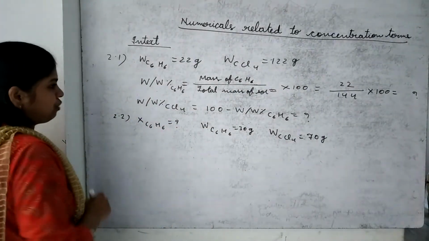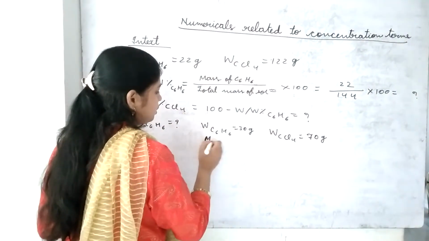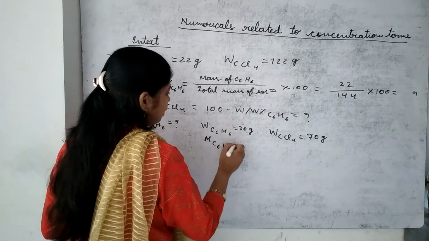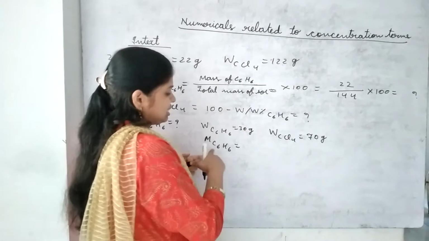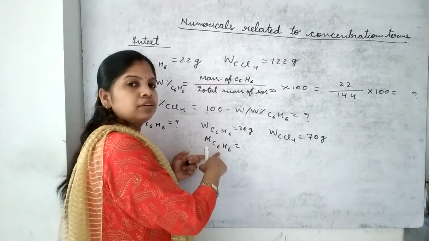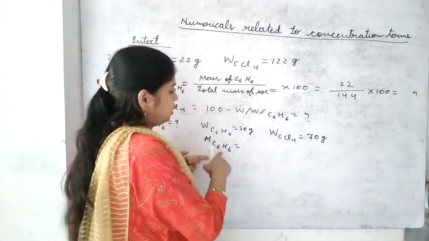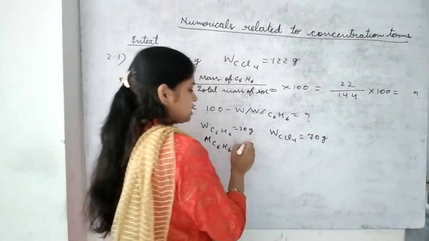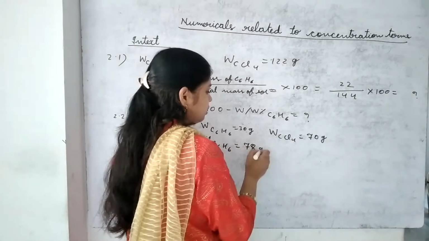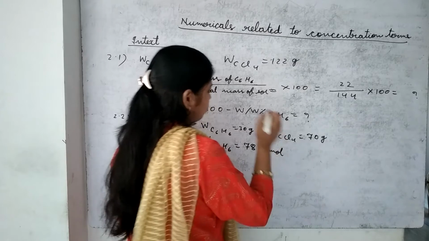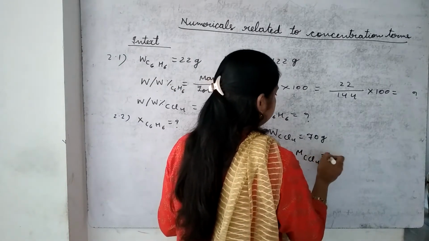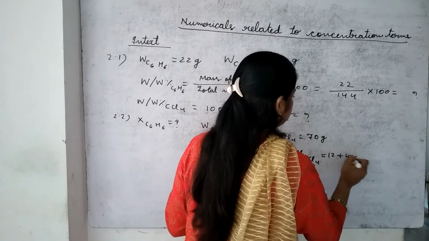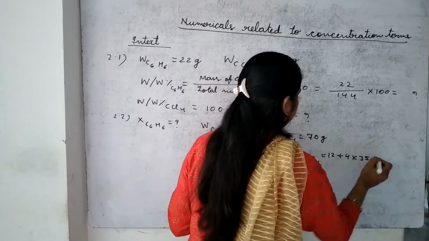So first, the mole fraction of benzene. For this we require the molar mass of benzene. Molar mass of benzene is 12 into 6, 72, plus 6, 78 gram per mole. And the molar mass of carbon tetrachloride is 12 plus 4 into 35.5.